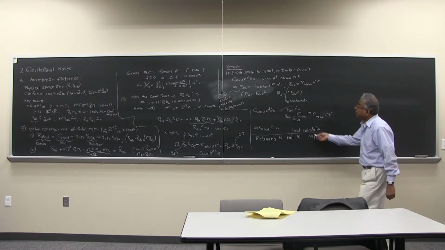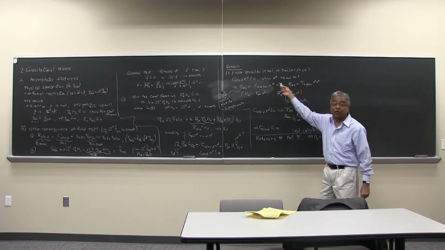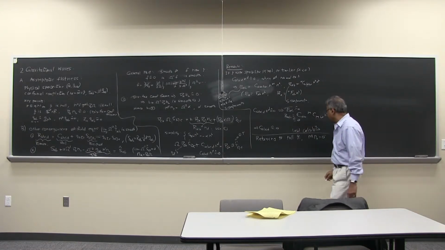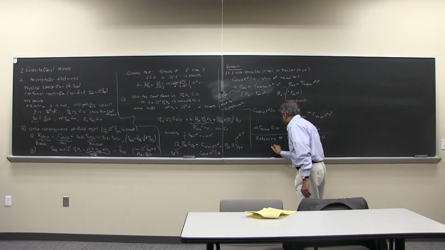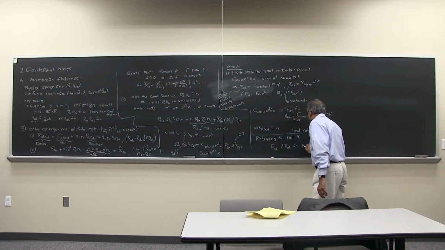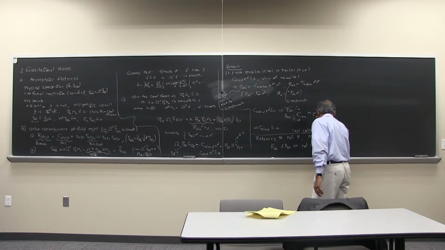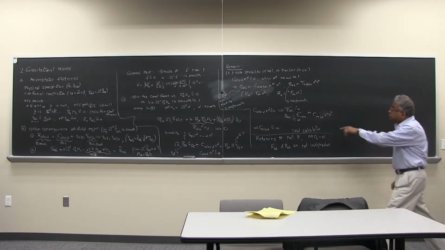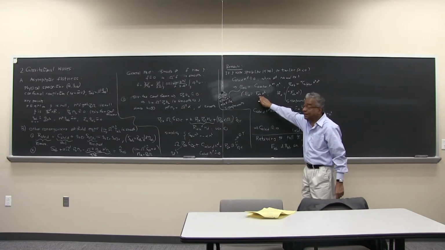Now in this case again you can define the electric and magnetic part in this particular way. But because this is null, it turns out that the electric and magnetic parts are not independent. They share some components. The same thing is actually true in the case of the Maxwell field.